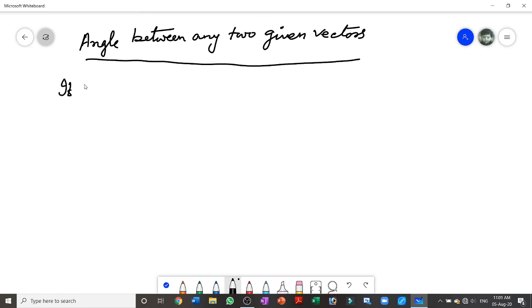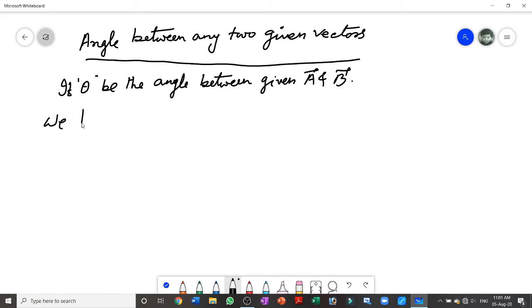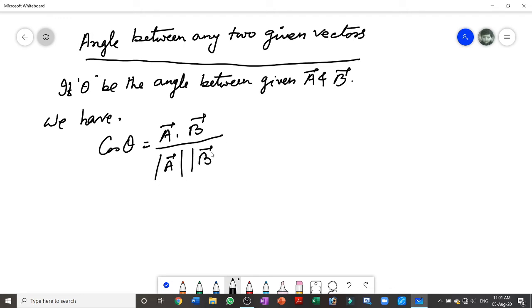If theta be the angle between given a vector and b vector, we have cos theta equal to a vector dot b vector by mod a vector mod b vector.